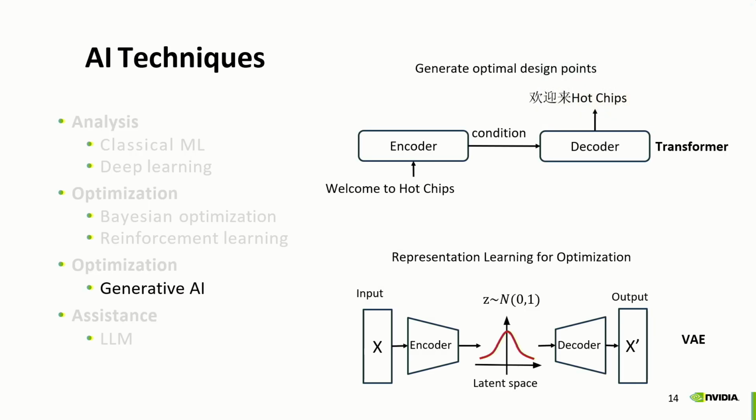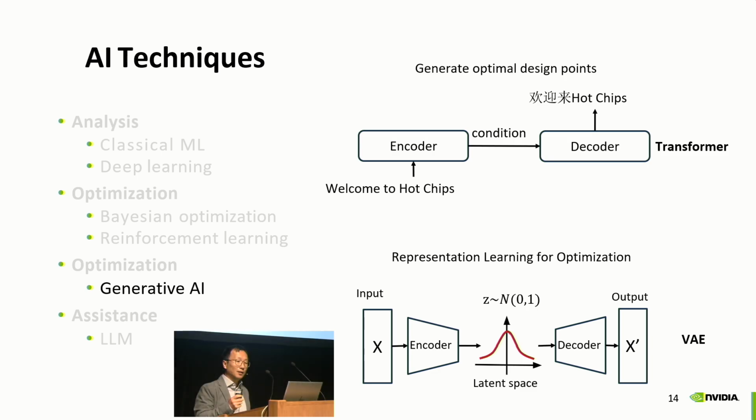Now let's discuss exciting new ways of performing design automation using generative AI. Generative models trained on a large amount of unlabeled data can learn its data distribution. Therefore, it can generate new data points in this data distribution. A well-known generative AI model is Transformer, which can learn to generate languages.